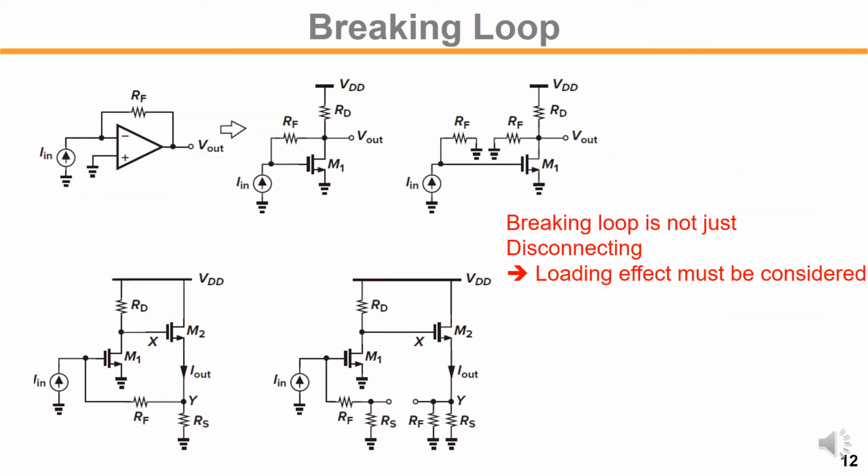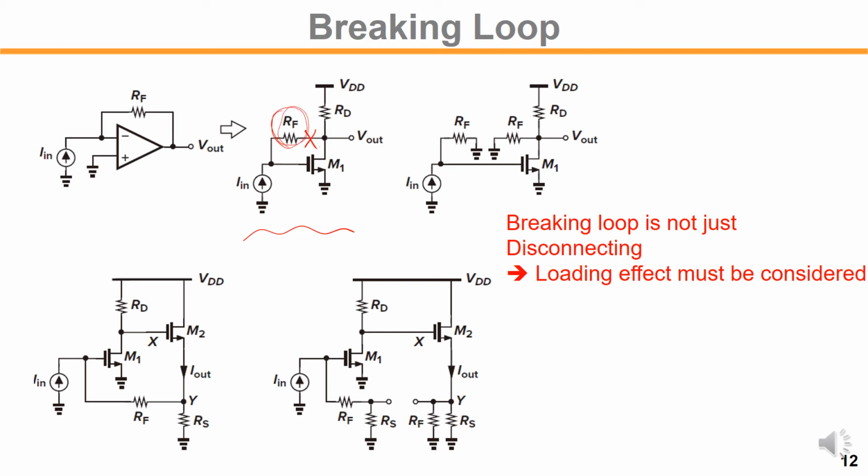So we will see some examples of breaking the loop inside the circuit. For example, if you have this kind of amplifier structure, you want to break the loop at that point. But in reality, you cannot just disconnect the circuit when you analyze the open loop gain, because the impedance is already there.